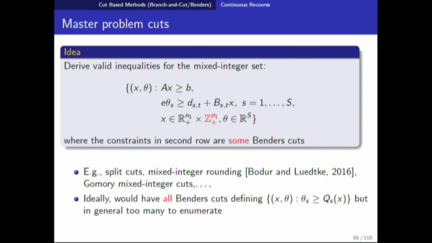You can use Gomory mixed integer cuts. And so this is an approach. And ideally, you would like to have all Bender's cuts defining the set where you have theta s greater or equal to qs of x. But in general, you can't know them all in advance, or it's hard to compute with them. So that's why you just use some cuts that you happen to have found by an algorithm up to some point. Okay, so that's why we're just using some cuts.